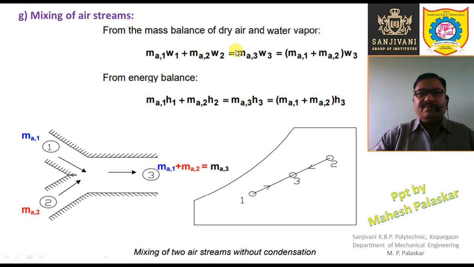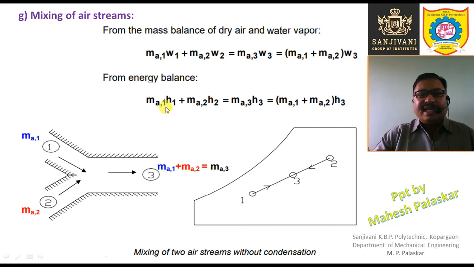Here we have seen that Ma3 is equal to Ma1 plus Ma2. So this Ma3 is the total mass, which is the sum of the individual masses, and omega 3 is the specific humidity of the mixture.